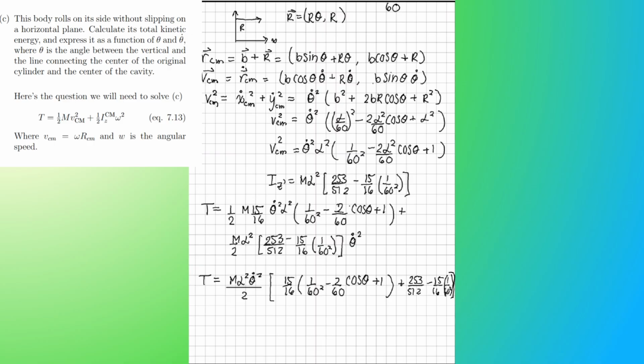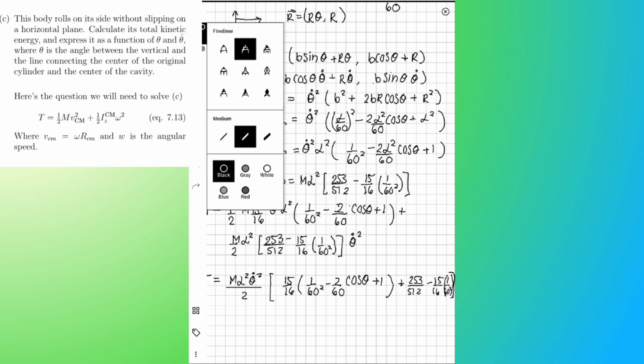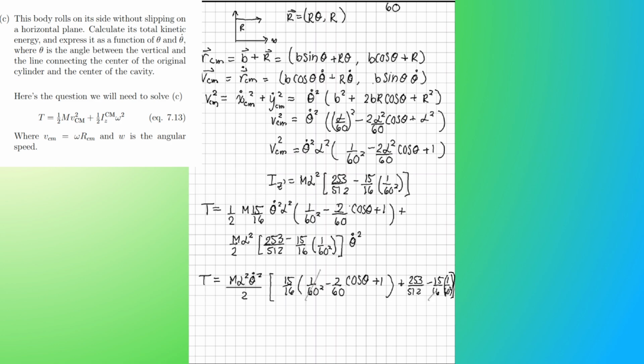Okay, so this right here is the same as right here. So we can remove this.